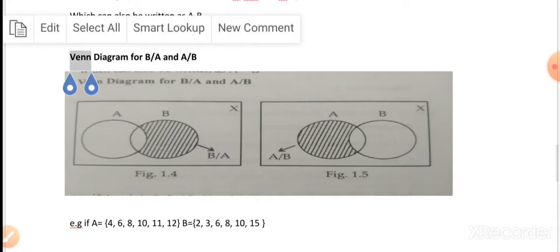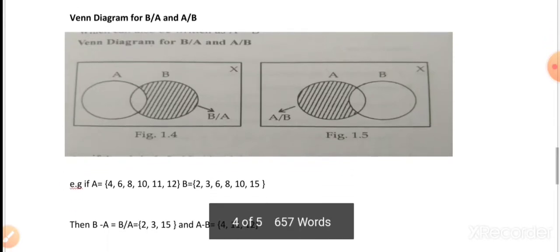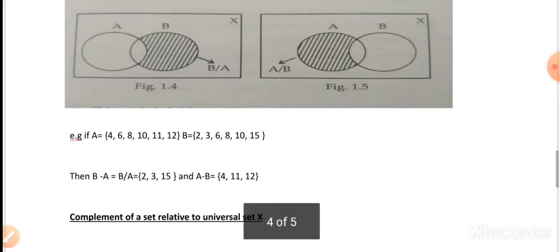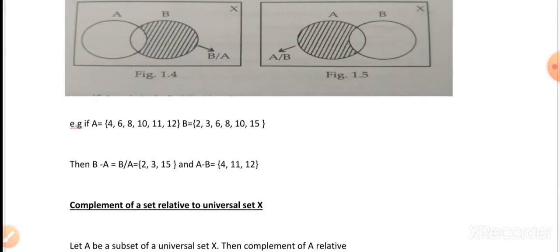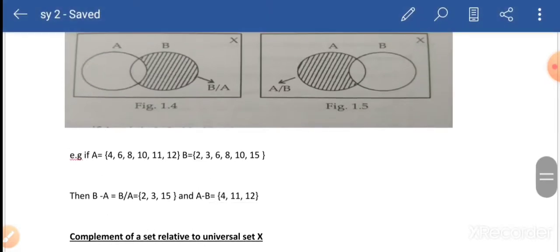Also, find A minus B, which means A intersection the complement of B. Here these elements are left out: 3 is left, 6 is left, 8 is left, 10 is left, and the remaining elements are 4, 11 and 12. So A minus B is 4, 11, 12, which are 3 numbers.